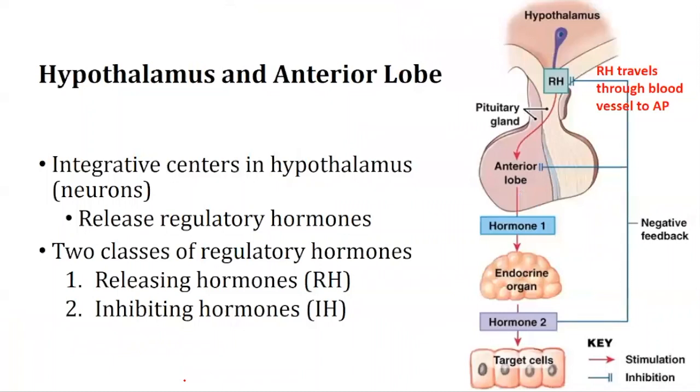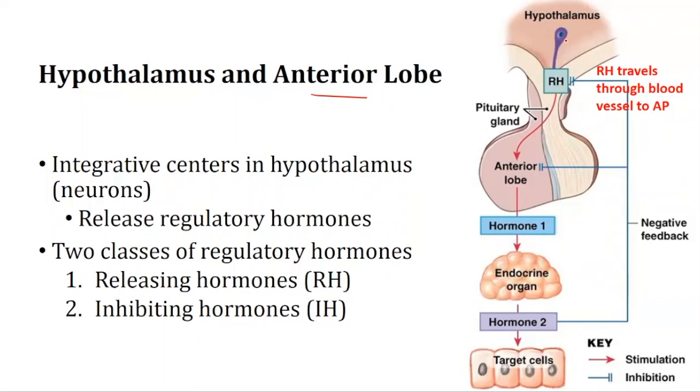There are distinct differences between how hypothalamus works with the posterior lobe and how it works with the anterior lobe. For the posterior lobe, we've talked about the fact that the hormones produced by the hypothalamus travel to the posterior lobe and get released into the capillary bed. But for the anterior lobe, it works a little bit differently.